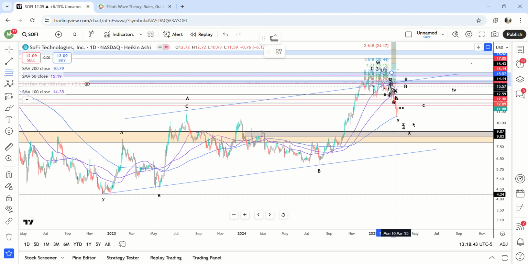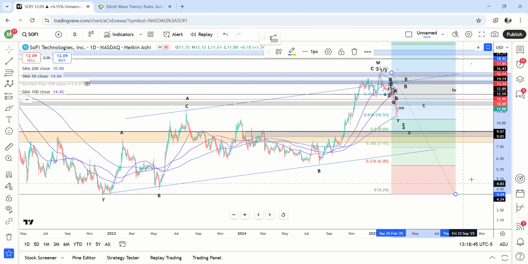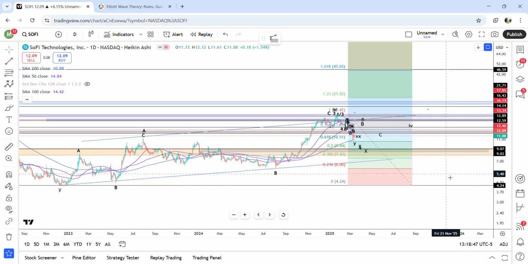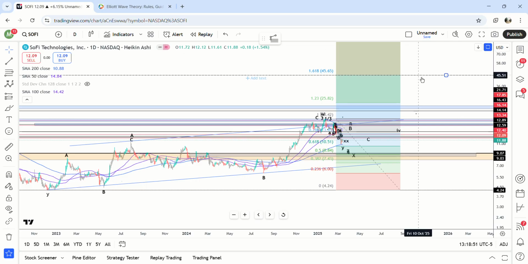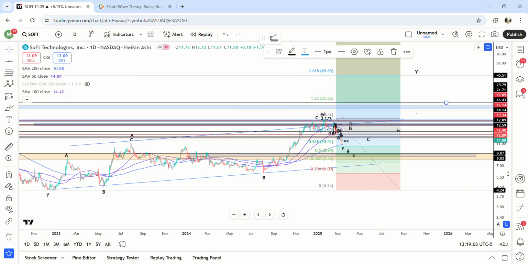Let's just go ahead and take the W wave here. I would expect this Y wave to go to a max of 45 bucks. The 1.23 fib is another spot that you could hit. That's at 26 bucks.